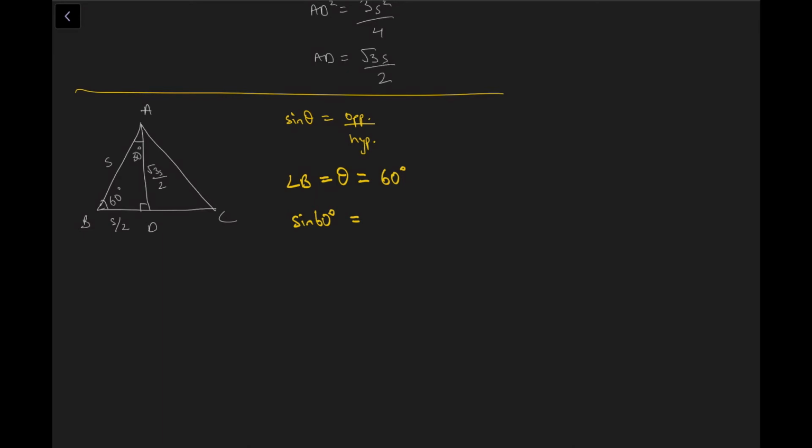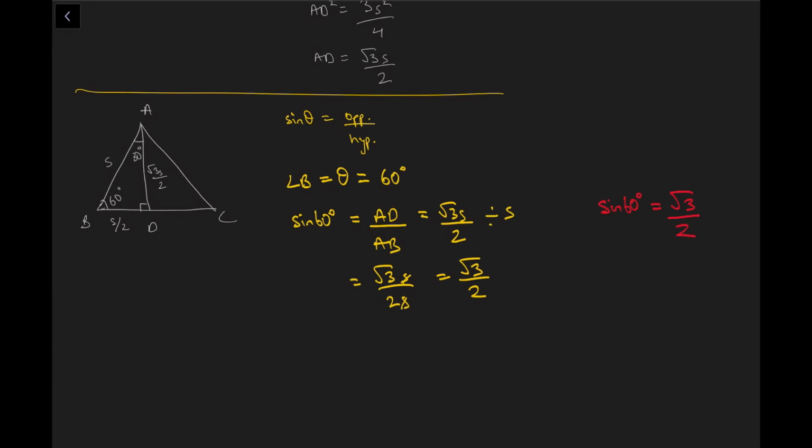The opposite side is AD divided by AB, which is the hypotenuse. And there you get root 3S by 2 divided by S, which is nothing but root 3S by 2S, which is root 3 by 2. And that's one formula you have, that sine 60 is equal to root 3 by 2.